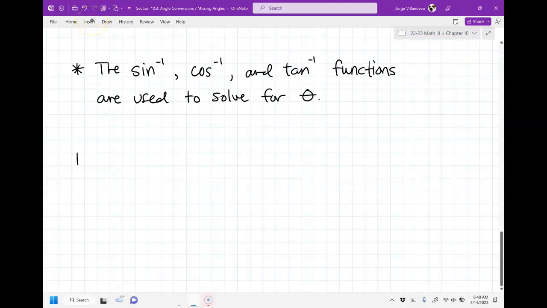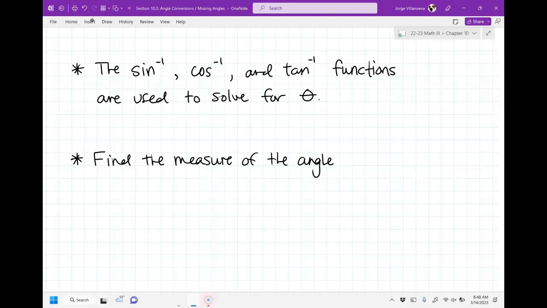So here we go. For this, we're going to find the measure of the angle, okay, round to the nearest degree.